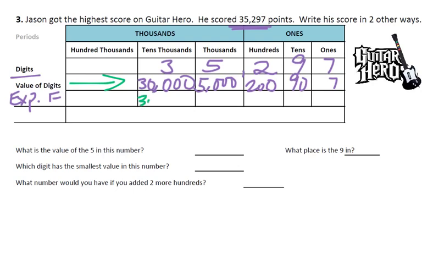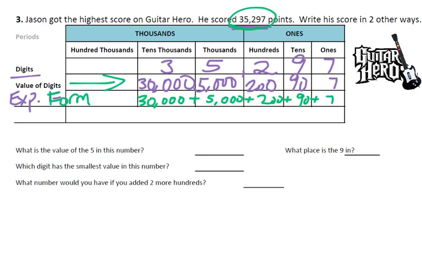So now I'm going to write 30,000 plus 5,000 plus 200 plus 90 plus 7. That's what expanded notation is. It's when you simply separate the value of each digit and combine them using the plus sign. Okay? Well, since I have standard form up top, I just wrote my expanded form or expanded notation.